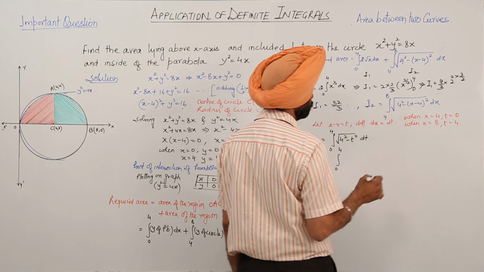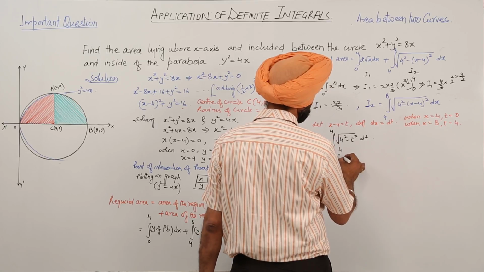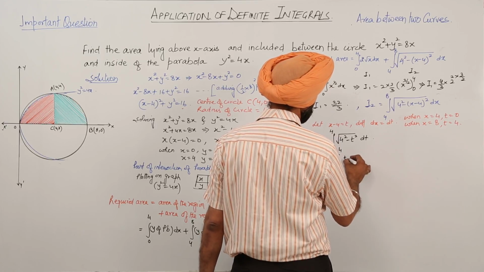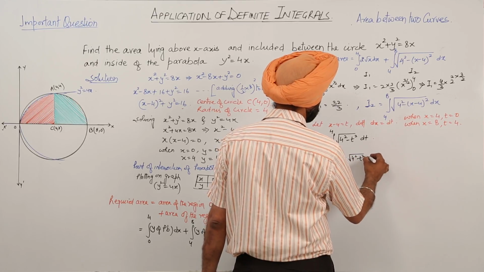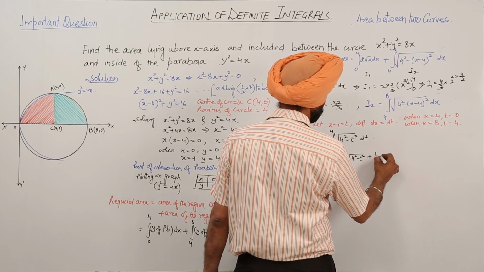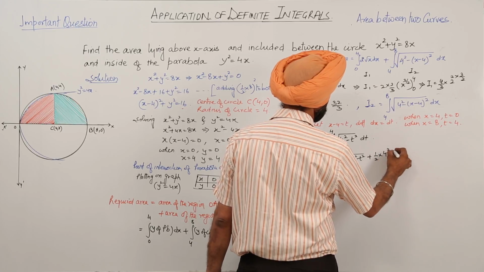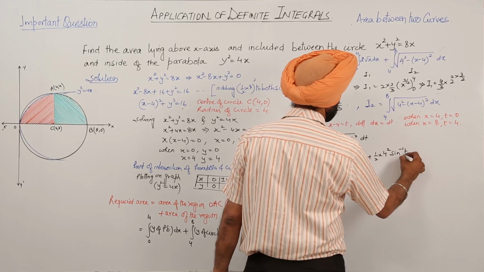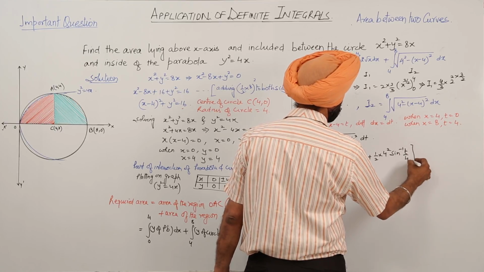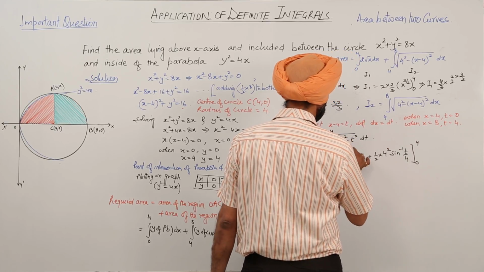Now let us use the formula. So it becomes t upon 2 under the root 4 square minus t square plus 1 upon 2 into 4 square sine inverse t by 4, from 0 to 4.